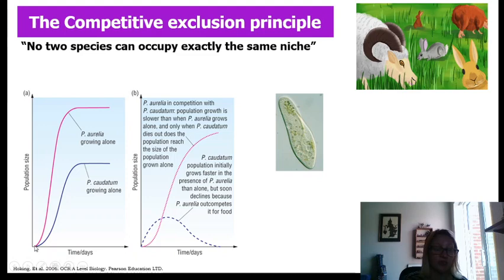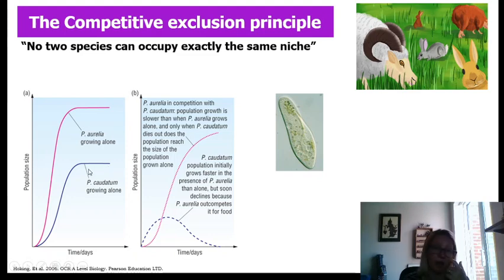And you can see here that you get your exponential growth phase there, and then they both go into this stationary phase. The P. aurelia there actually goes very quickly into the exponential growth phase here. P. caudatum then has a bit more of a lag phase before it goes into the exponential growth phase, and then the carrying capacity for that one, it gets to that carrying capacity in the stationary phase a lot earlier than the P. aurelia.